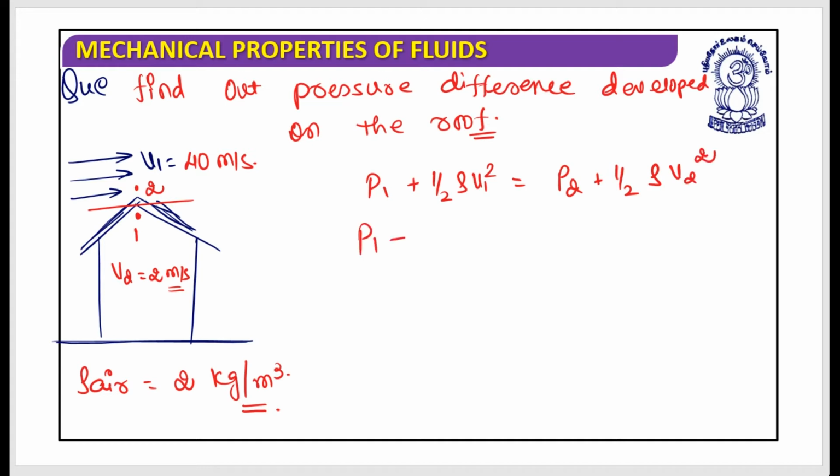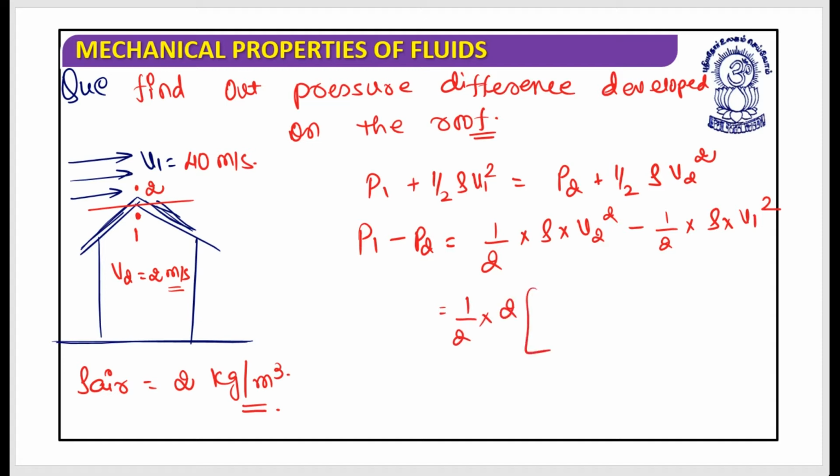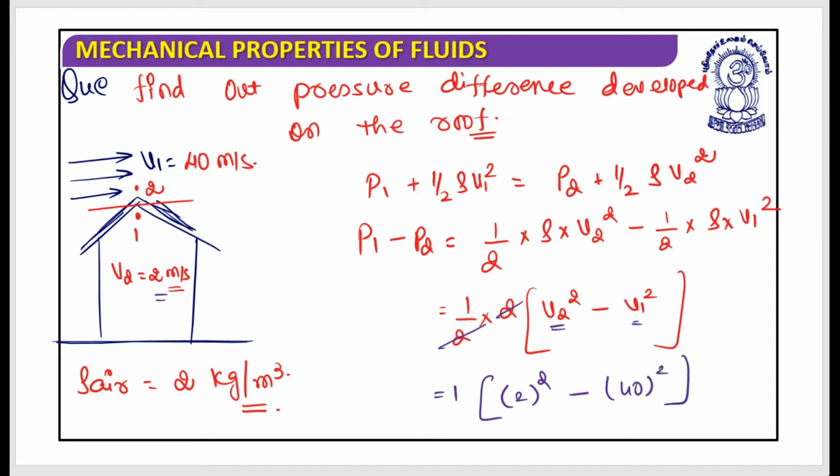From this, the pressure difference P1 minus P2 is half rho V2 square minus half rho V1 square, which equals 1 by 2 into rho, where rho is 2, into bracket V2 square minus V1 square. The 2 cancels, giving 1 into bracket V2 square minus V1 square, which is 2 square minus 40 square. I hope this is clear.